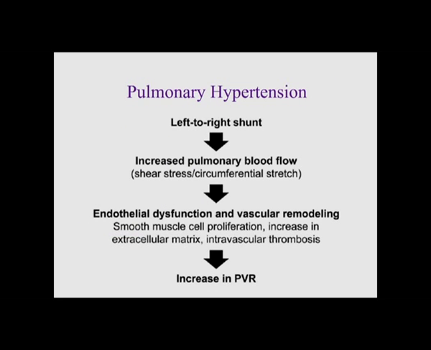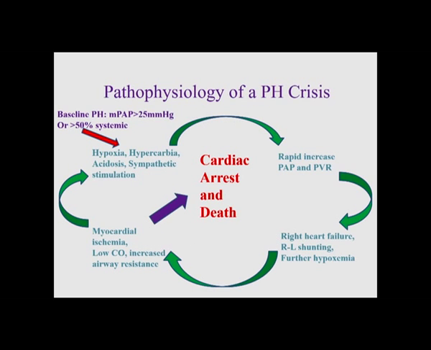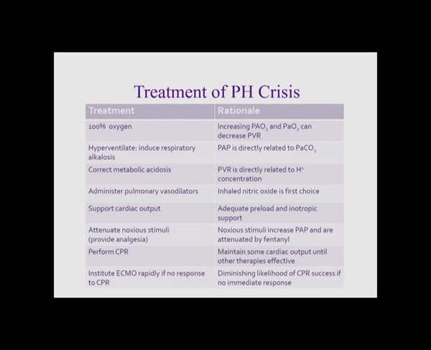Pulmonary hypertension: the left to right shunt increases the blood flow in the lungs and ultimately increases the pulmonary resistance, and it can give you a vicious circle, and you have a cardiac arrest at the end. And so the treatment of a pulmonary crisis is, of course, 100% oxygen, hyperventilate to induce respiratory alkalosis.